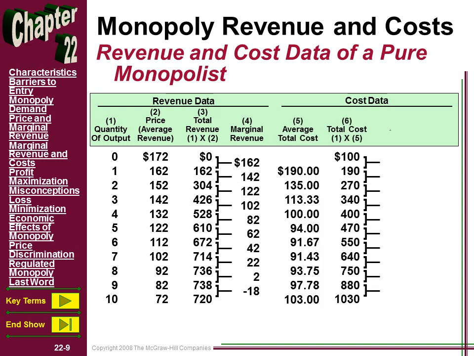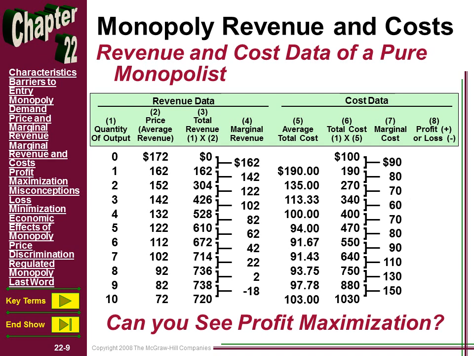Let's look at the cost and revenue data for this firm to help determine what level of output will maximize profit or minimize loss in the short run. When we attempted this exercise for a firm competing in a purely competitive market, we employed the MR equals MC rule. That is to say, we determined what level of output, what quantity, we call it Q star, would maximize profit or minimize loss by equating marginal revenue to marginal cost in the short run.